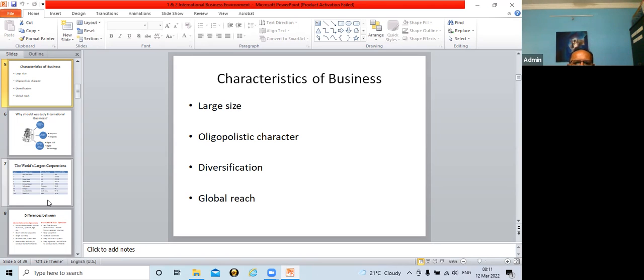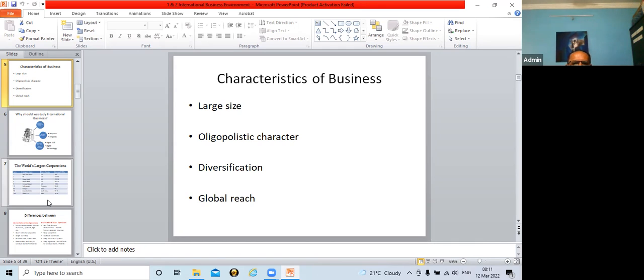Then the second characteristic is oligopolistic character. Oligopoly means where two or more companies do business. When two or more companies are involved in a market, that is known as an oligopoly market. Example, the automobile industry.